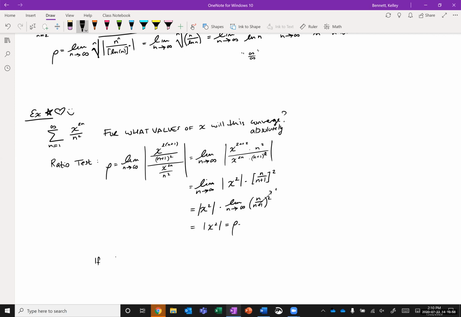And if my series is going to converge, then we need rho to be less than 1. So you just set up what you got for your limit to be less than 1. So the absolute value of x squared is less than 1.